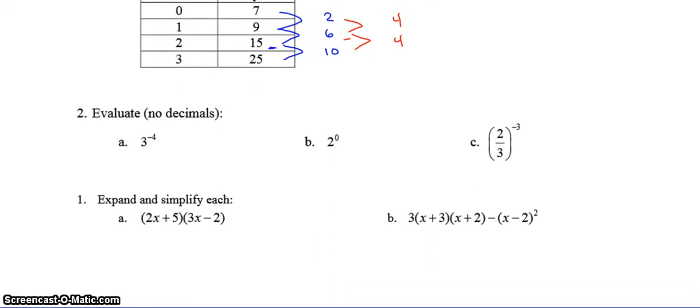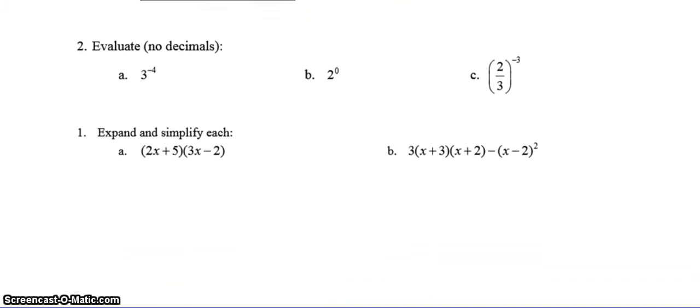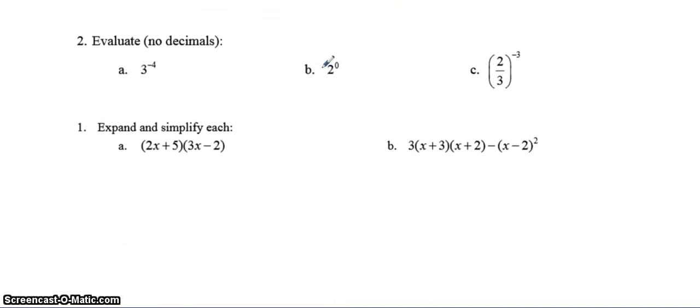Question 2 dealt with exponents that were either 0 or negative. When you have a negative exponent, what you want to remember is that the negative exponent will take the base and take the reciprocal of it. So instead of 3, the base is now 1/3, and it makes the exponent now positive.